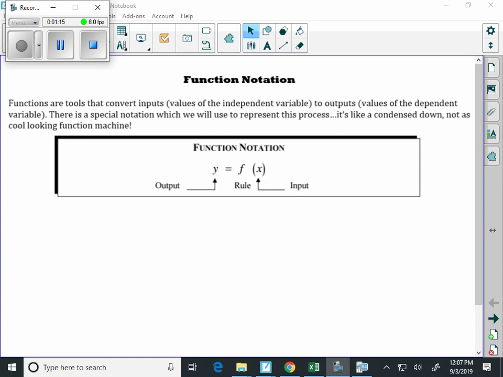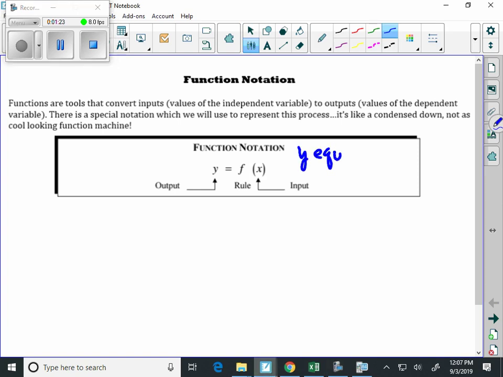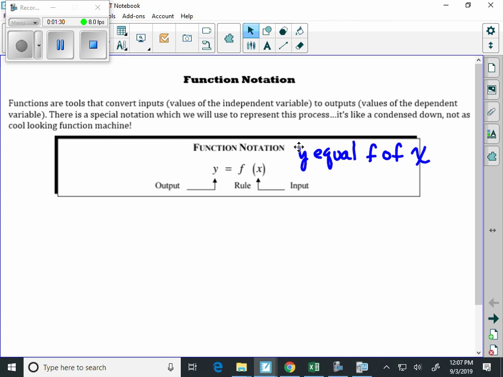It says function notation, y equals f parentheses x. That is read as y equals f of x. The x in that is the input, the y is the output. The x is the domain, the y is the range.